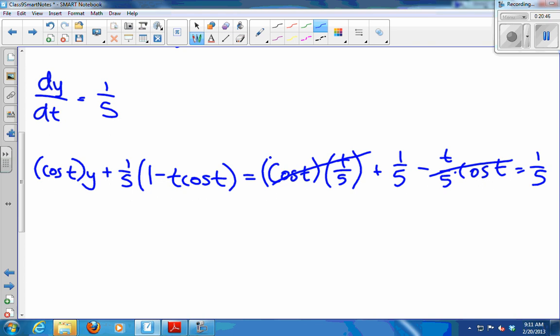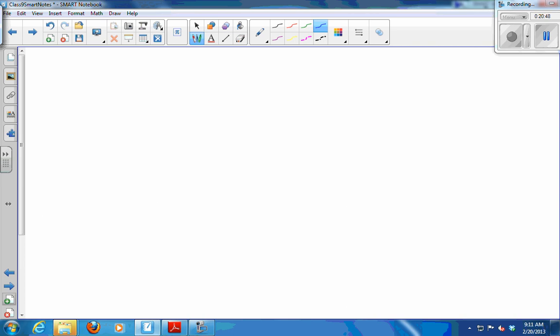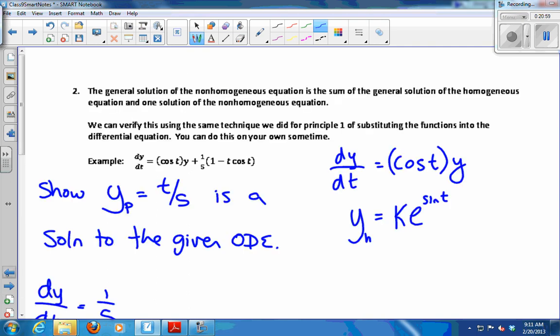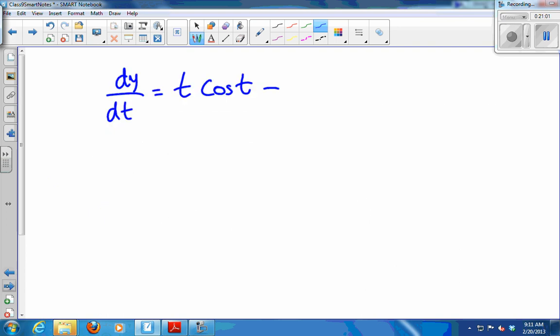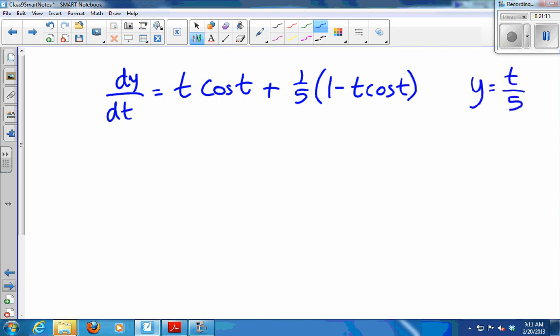I'm going to write it out one more time, plus 1/5. And I want to show that y equals t over 5 is a solution.